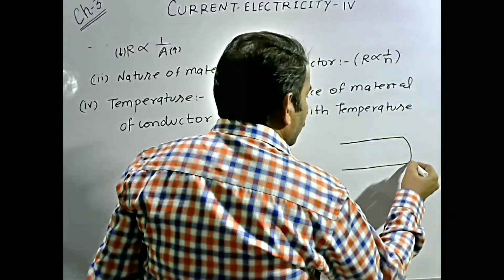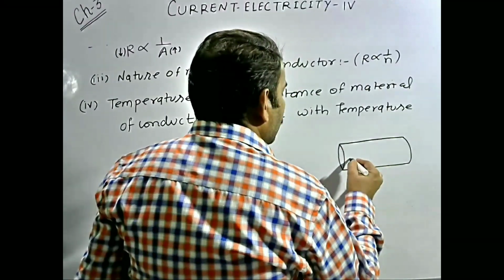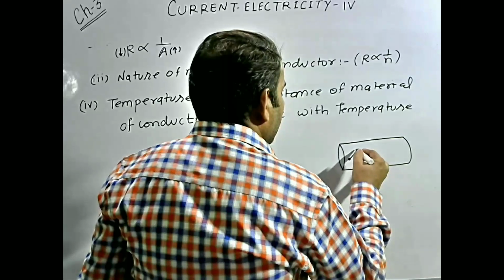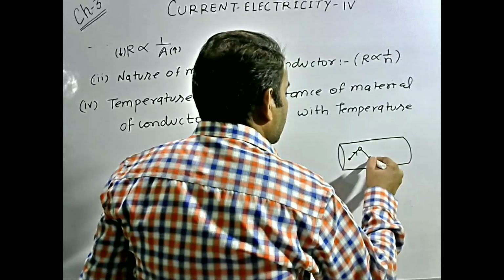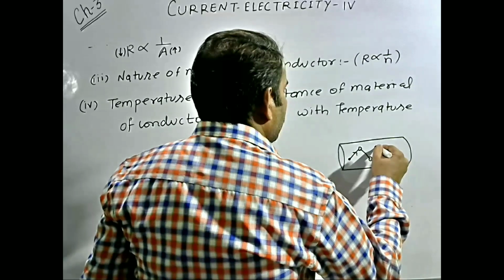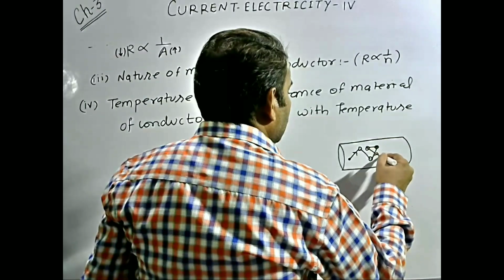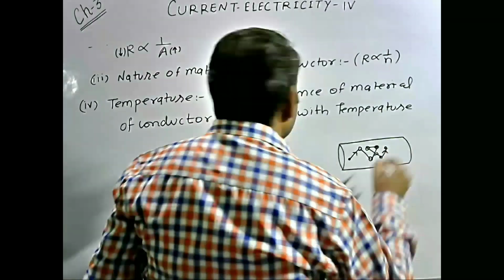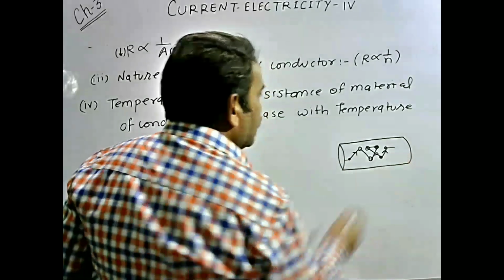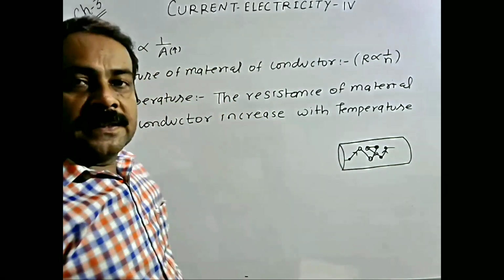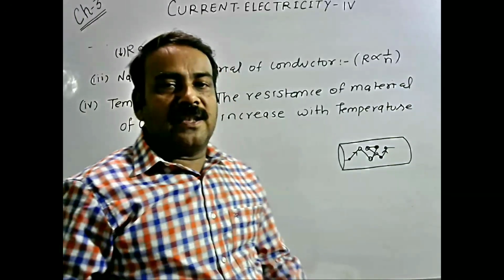Due to increase in temperature, the rate of collision of electrons with positive ions or with each other increases. As a result, the relaxation time decreases, and when relaxation time decreases, resistance of conductor increases.